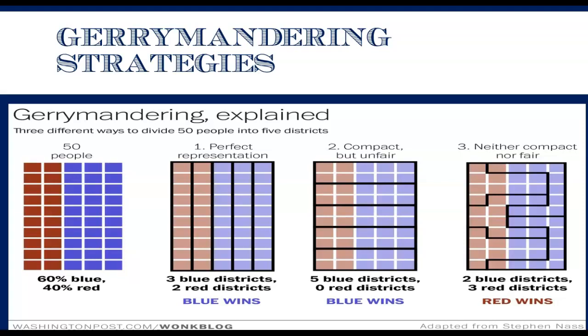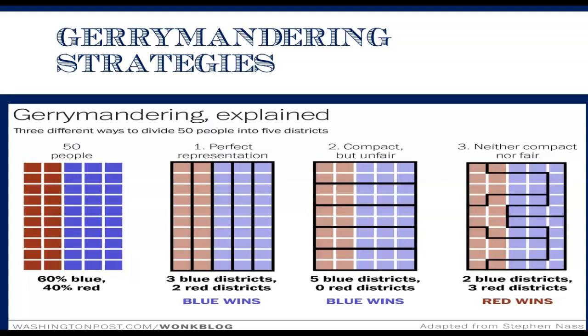Number 2, it's compact, but it's really unfair because they've basically distributed the red, they broke it up to where they can never win in any of the districts. So 5 districts, blue wins all of them. So blue wins the total overall. And then you have number 3, where this is gerrymandering, basically where you draw these lines. Nothing is contiguous.